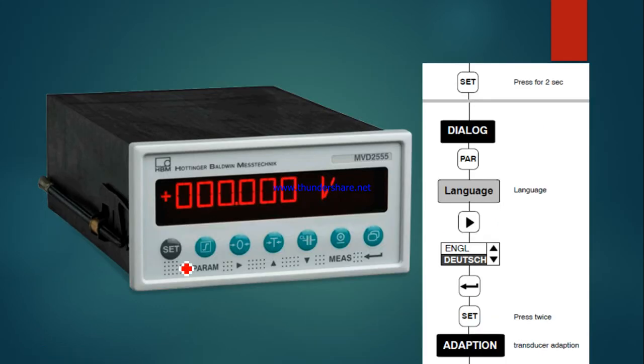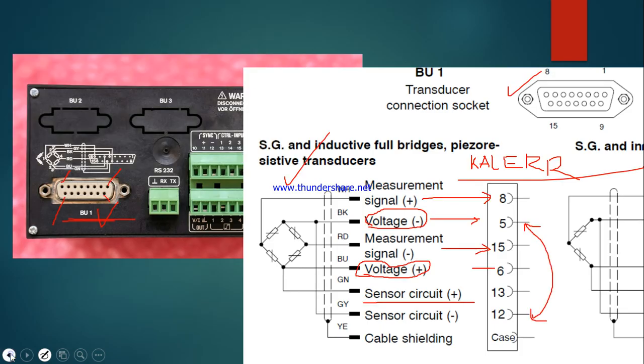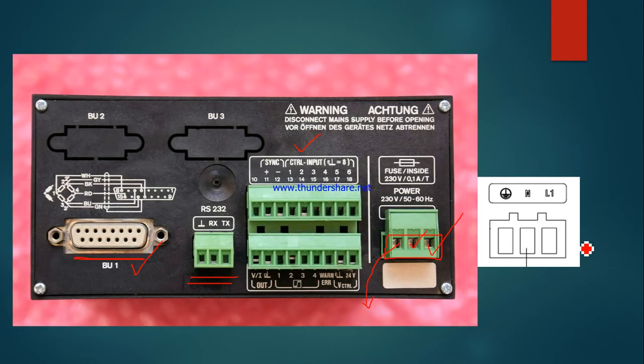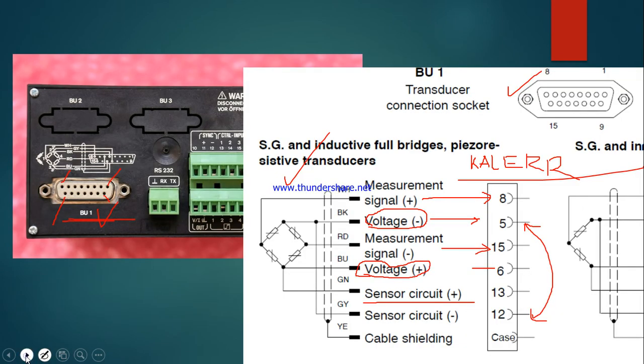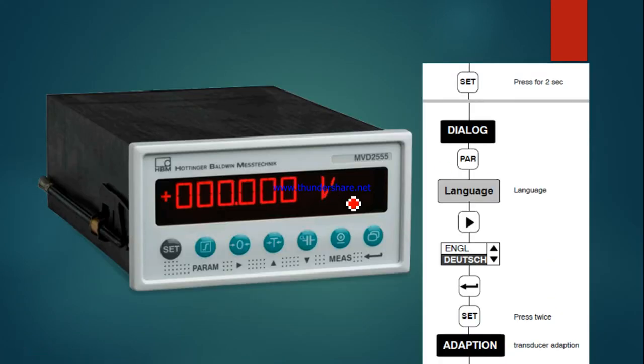Okay, after connecting you have to switch on the AC supply, 230 volt. You know that I have already shown that the 230 volt supply is to be connected. Then if you switch on, you will get a display like 00. Initially, if nothing is set, it will show like this.